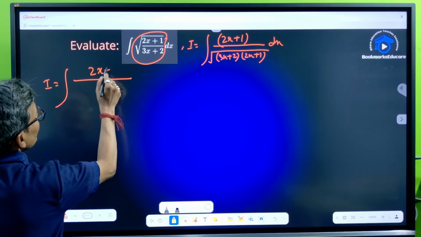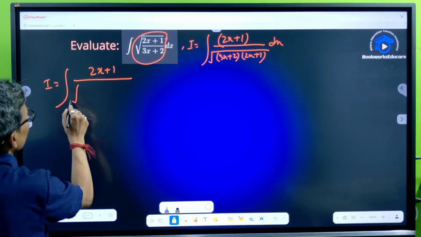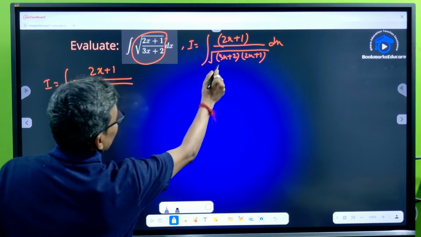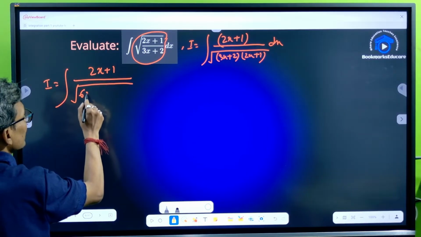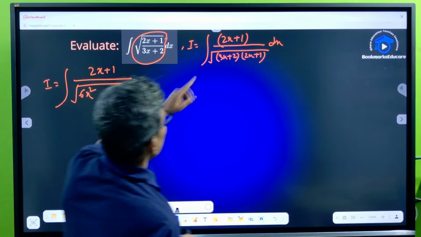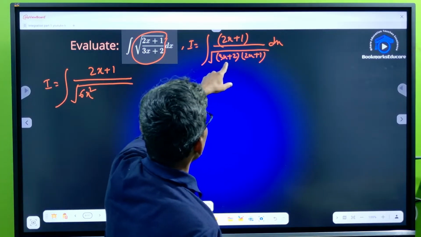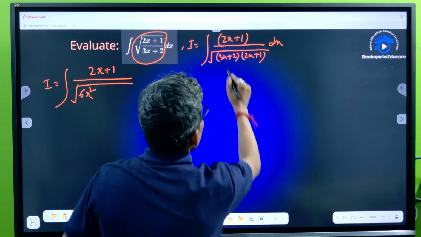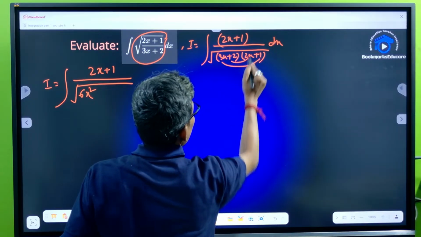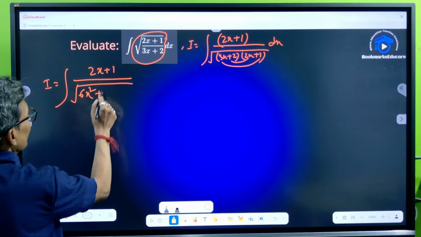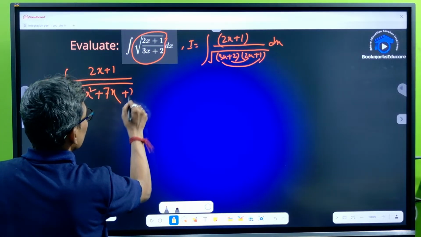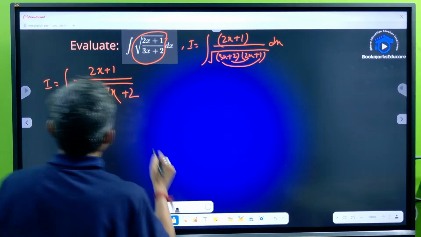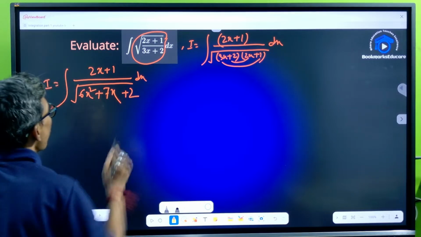Okay, so 2x plus 1, after multiplication what will it be? 6x square plus 3x plus 4x, 7x plus 2, dx.